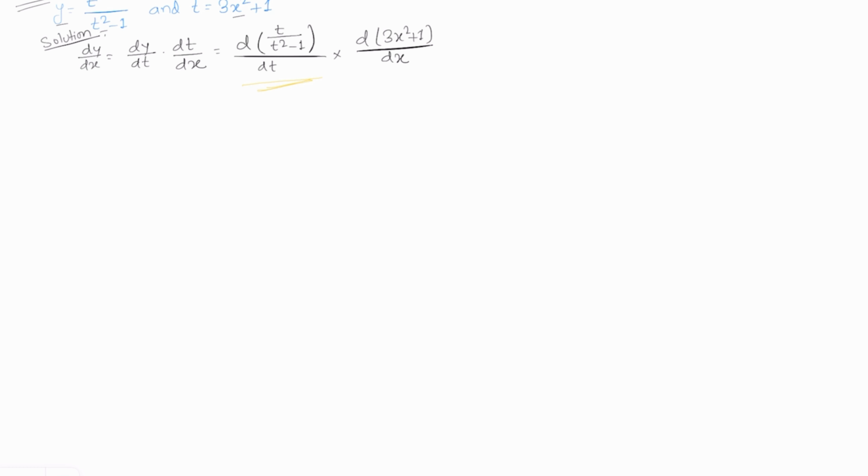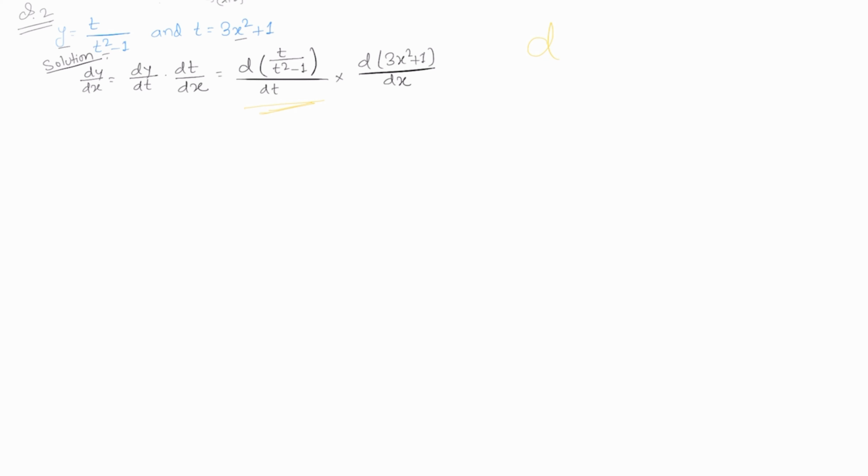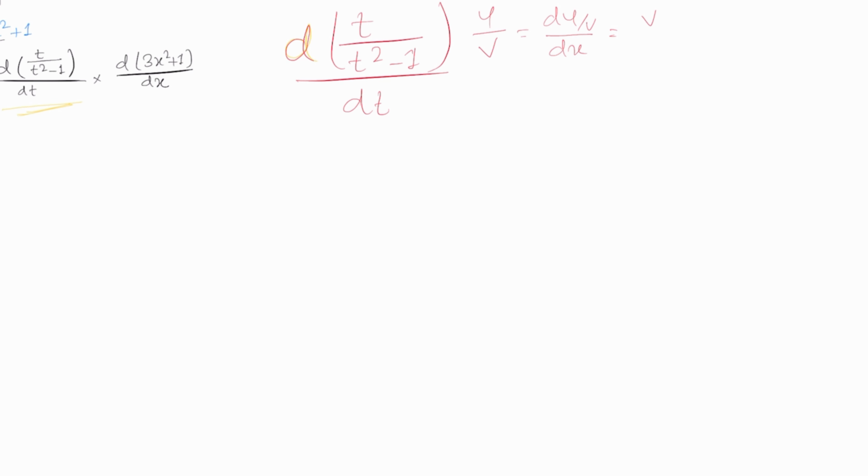So we will find the derivative of each and every expression. We have again d of t by t square minus 1 by dt. So again it is in the form of u upon v. I hope you remember the formula, that is derivative of u upon v with respect to x was v times du upon dx minus u times dv upon dx, by v square.